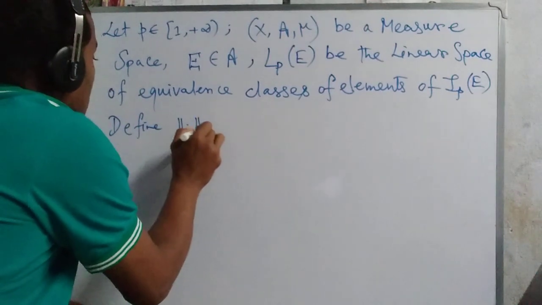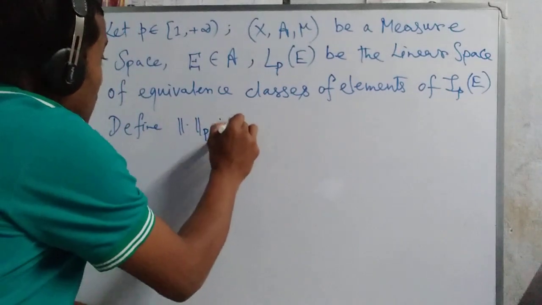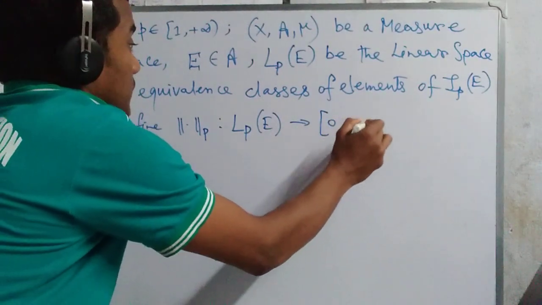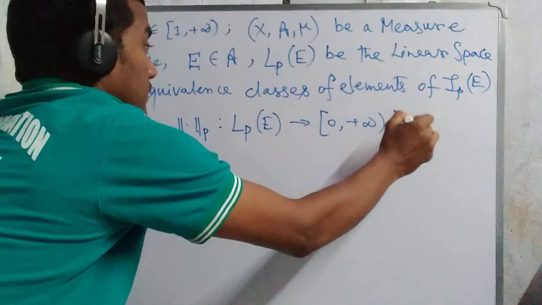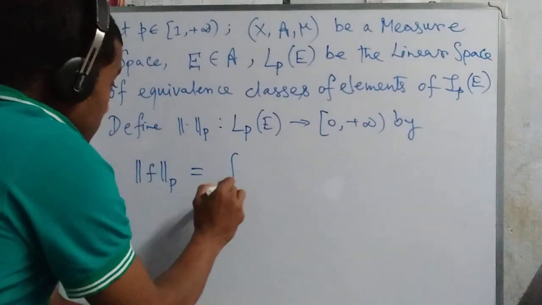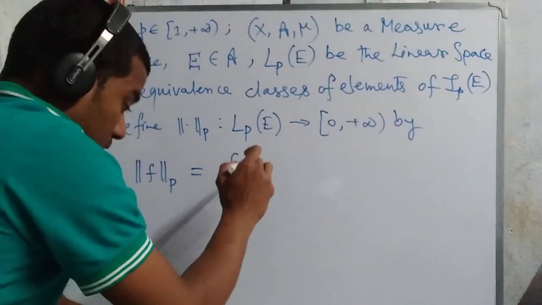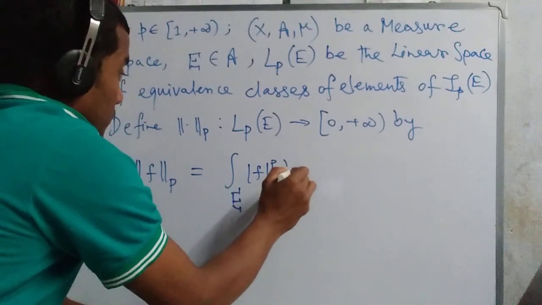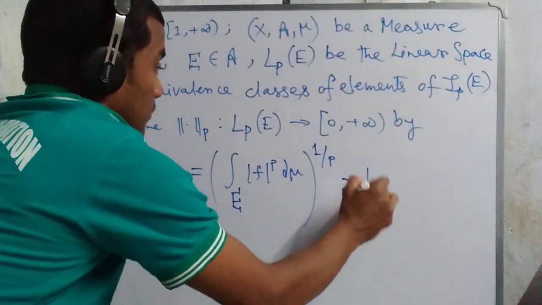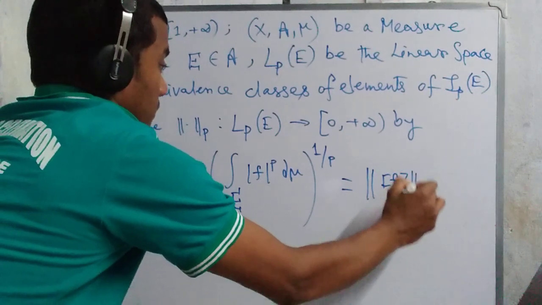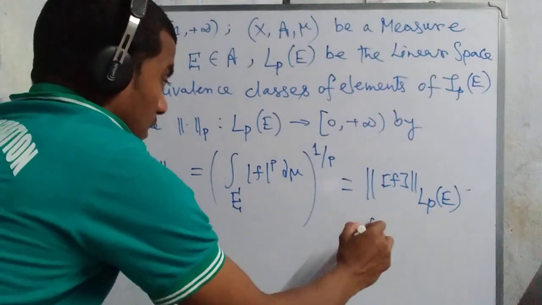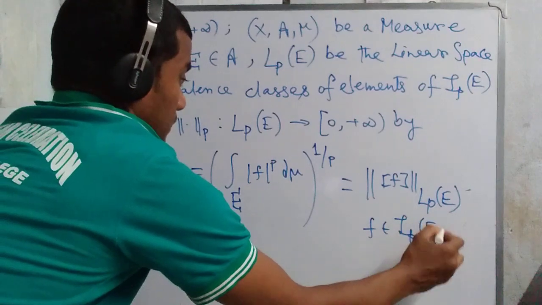Define norm p here, from L^p(E) to [0, infinity), by norm of f p equal to the integration over E of mod of f to the power p d mu, whole to the power 1 by p, equal to norm of f in L^p(E), where f belongs to this L^p(E).